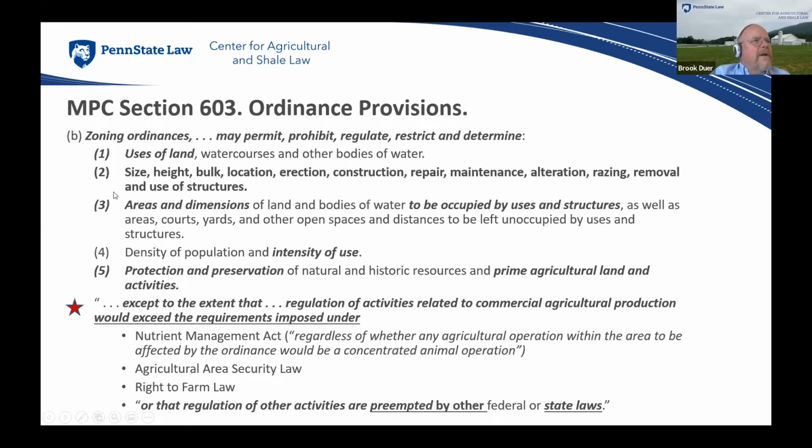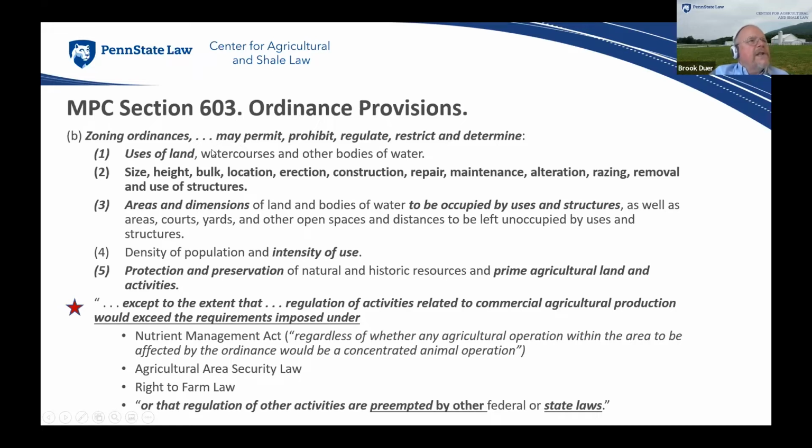Also, they can prohibit, regulate, restrict, and determine size, height, bulk, location, et cetera, et cetera. So, those are all the dimensional and other types of requirements. Areas and dimensions of land and bodies of water to be occupied by uses and structures. Okay. Density of population and intensity of use.